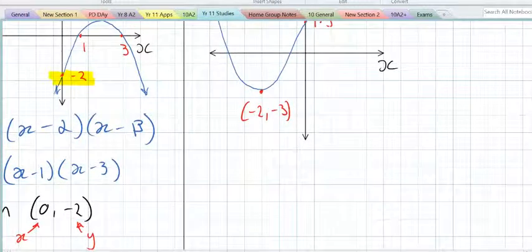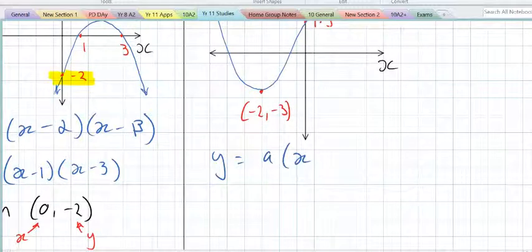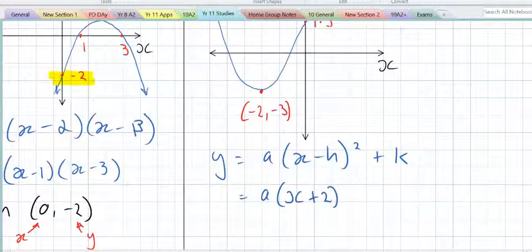The other one, vertex form. So once again, similar steps before, we write the form y equals a bracket x take h all squared plus k. We leave a till last, we substitute in h and k. And note the sign change.